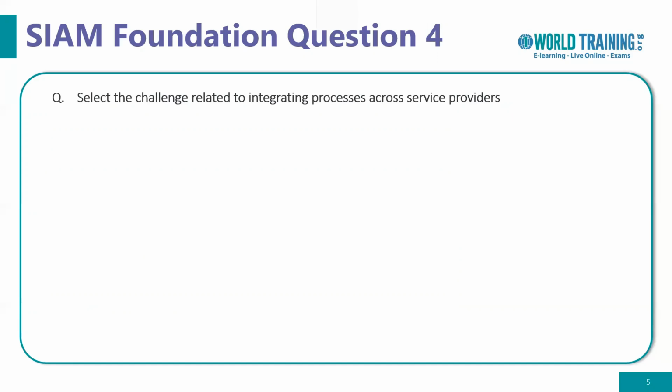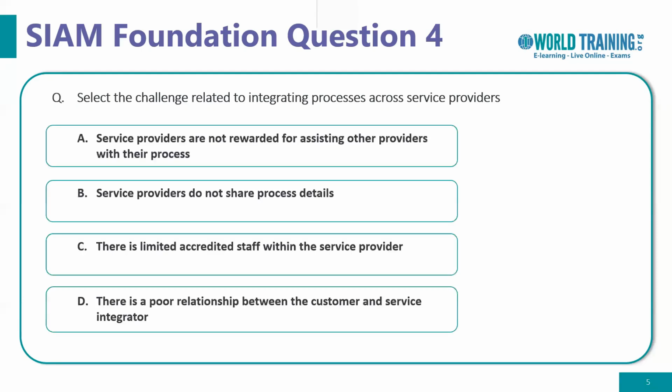Select the challenge related to integrating processes across service providers. Here, I assume they would have listed the challenge, and that challenge is related to integrated processes across service providers. When we are talking about a challenge, we need to also understand the integrated processes mechanism, and we are talking about service providers.